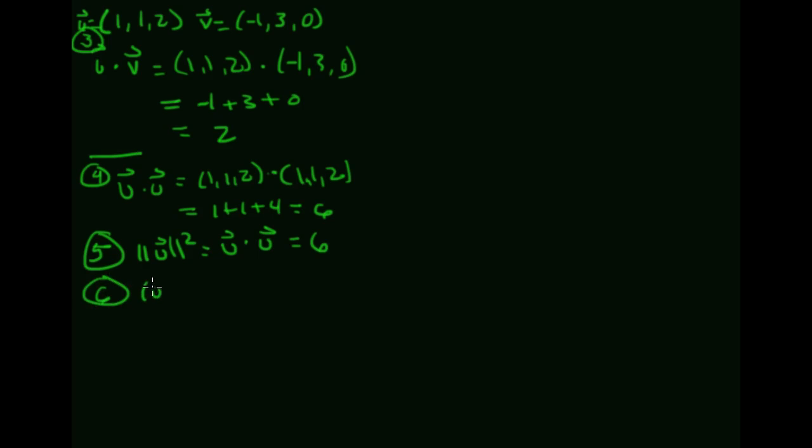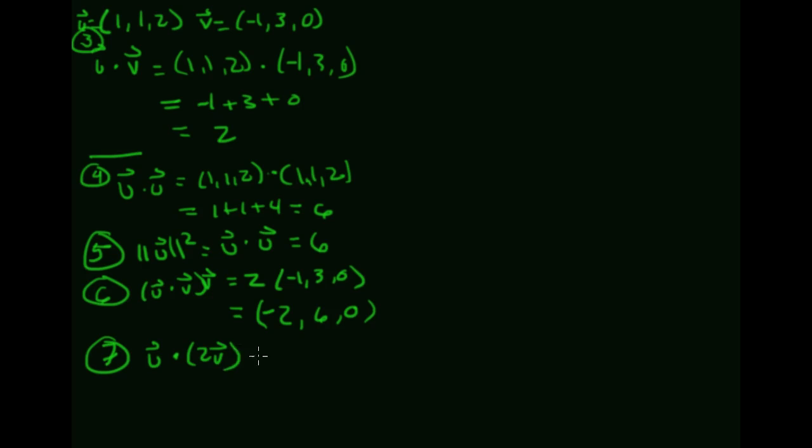Number 6. We're going to take u dot v times v. So from above, we have that u dot v is 2. v is negative 1, 3, 0. So this should come out as negative 2, 6, 0. For number 7, we have u dot 2v.